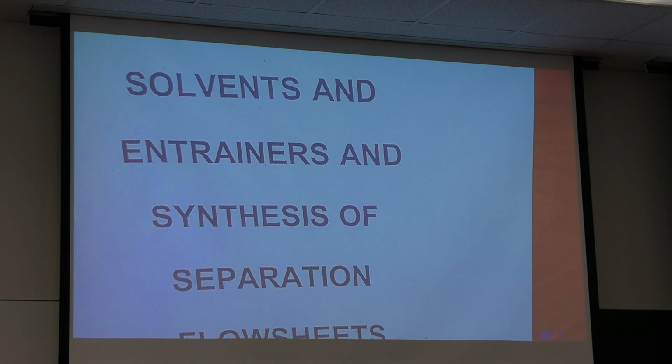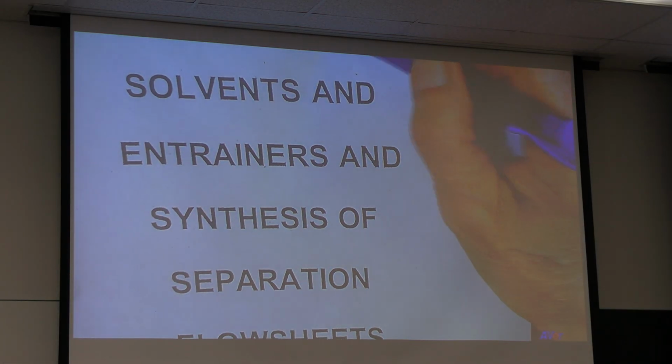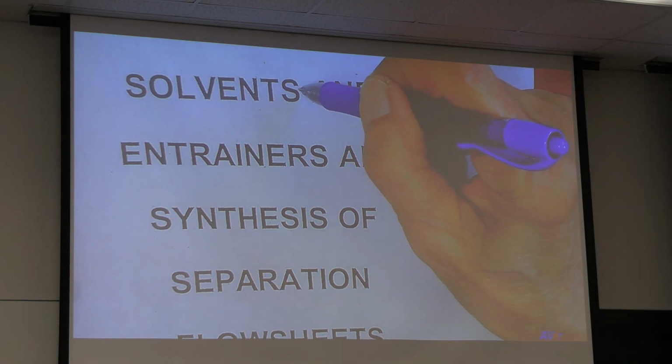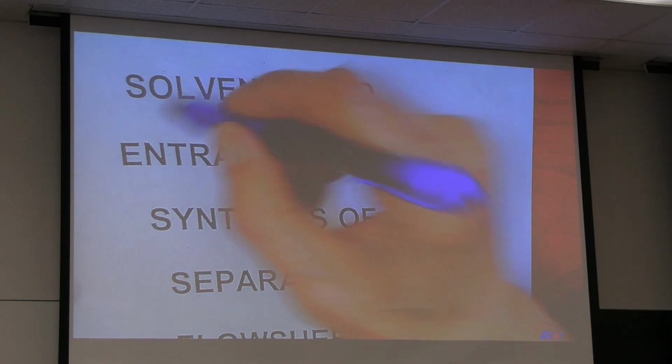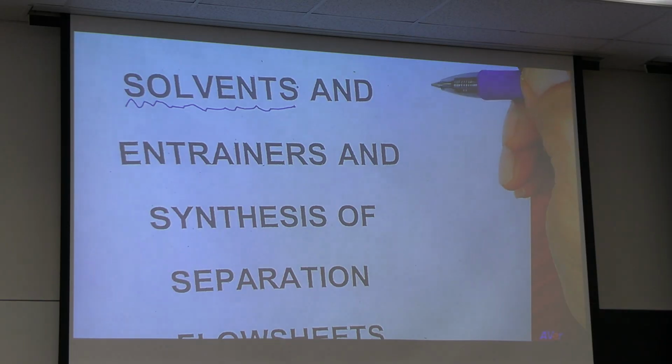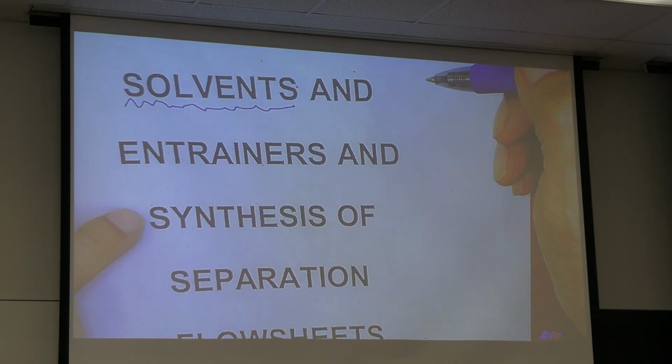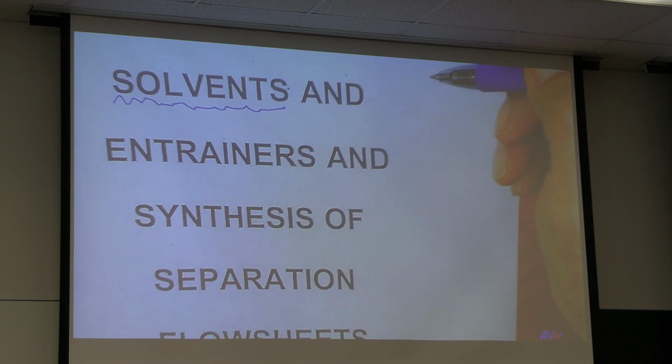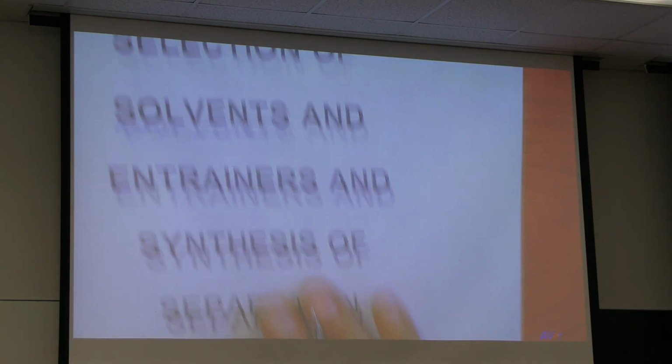Go to section 5 first. Selection of solvent. Even in your project, you will have to choose a solvent. What you have learned so far will give you what chemists cannot tell you. How do you create separation flow sheet? Okay?